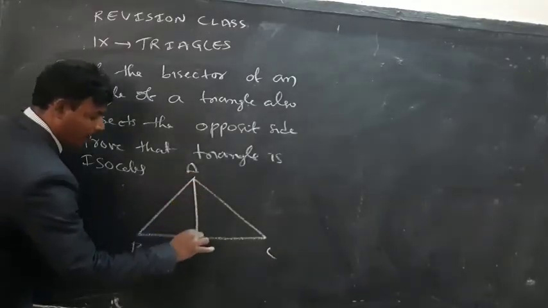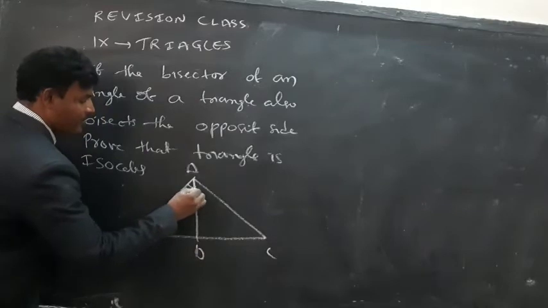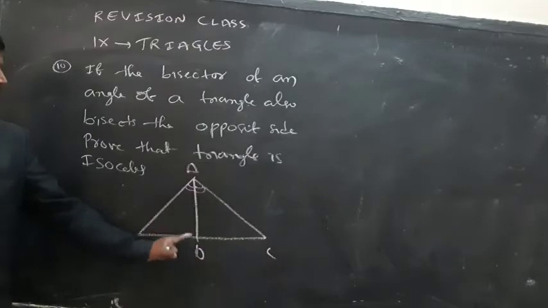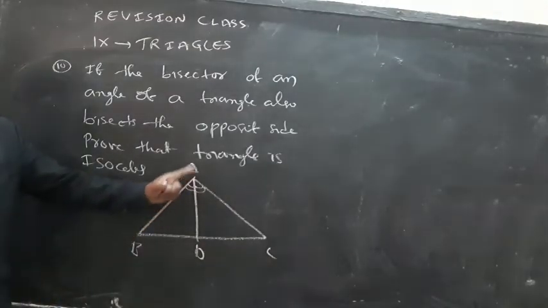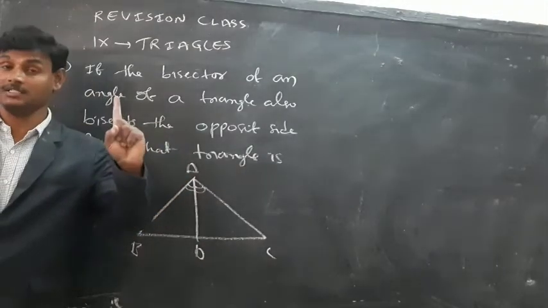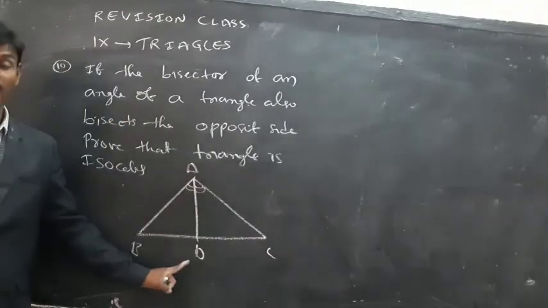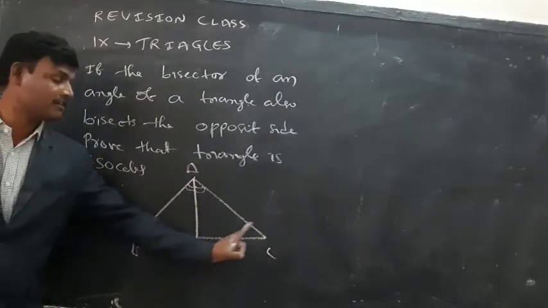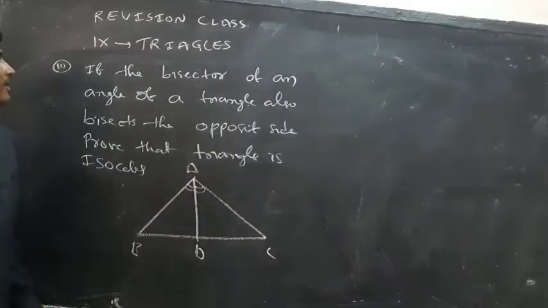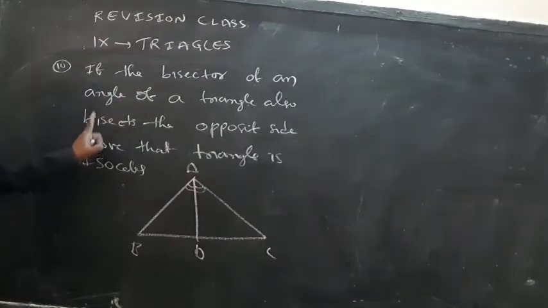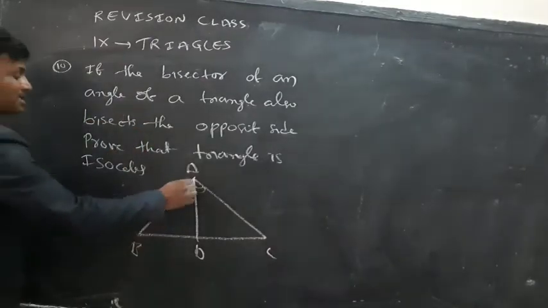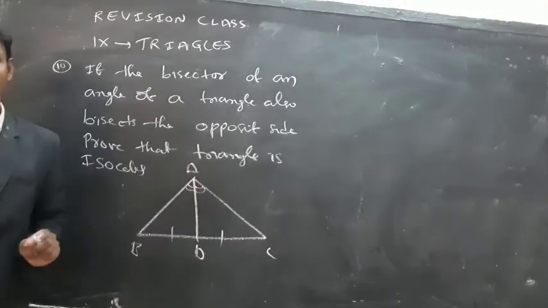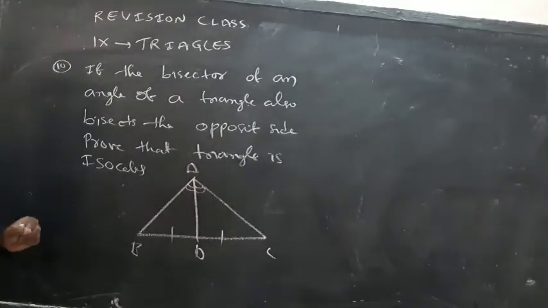Here I am taking AD as the angle bisector of A. It means angle BAD and angle DAC are both equal. It also bisects the opposite side, which means the lengths of BD and DC are both equal.